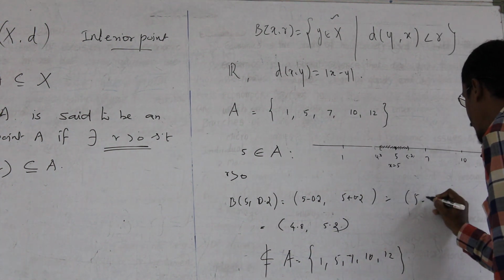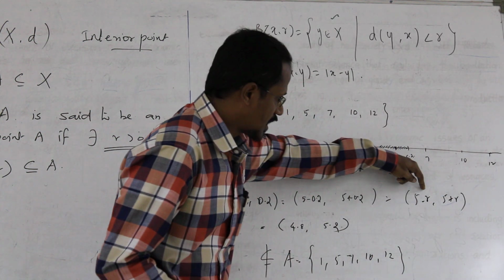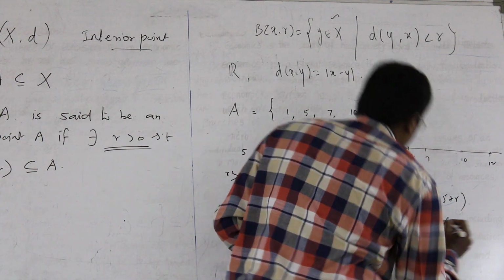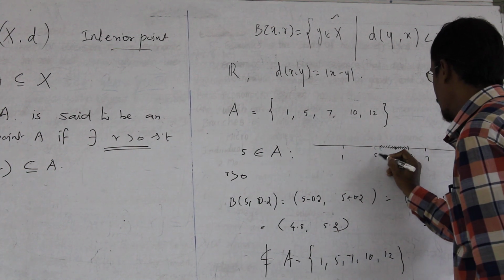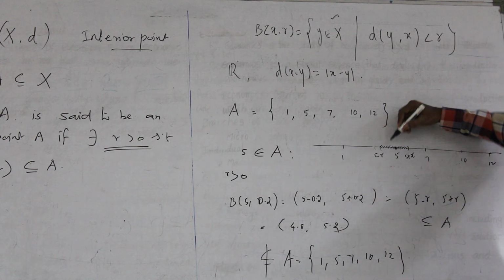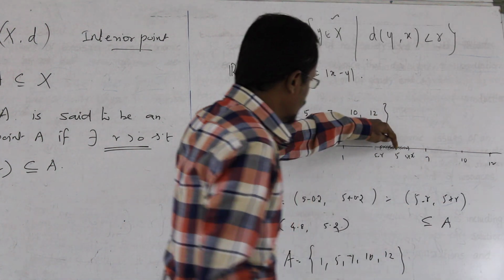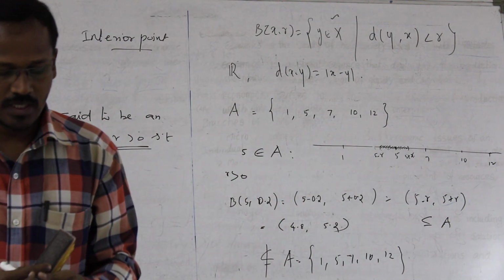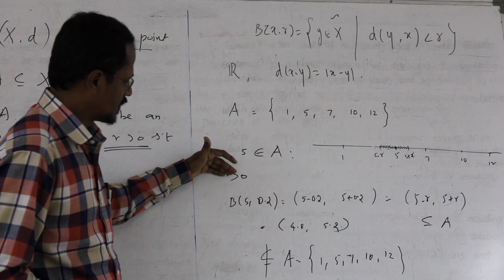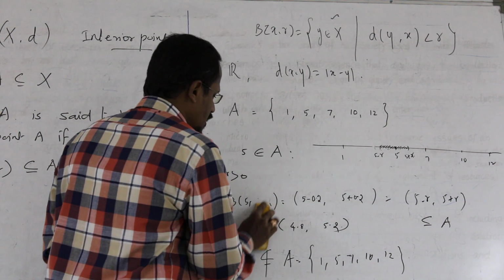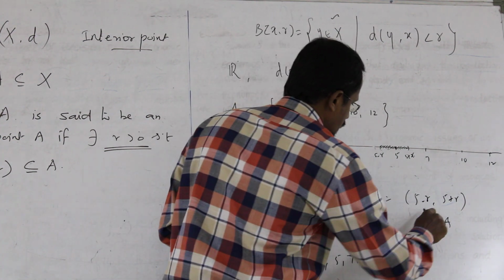Here we get 5 minus r to 5 plus r as an open ball, and still it is not a subset of A, because for any positive r, there are points inside this open ball which are not in A. Therefore, the point 5 is not an interior point of A, because for any positive r, the corresponding open ball with center 5 and radius r will not be a subset of A.